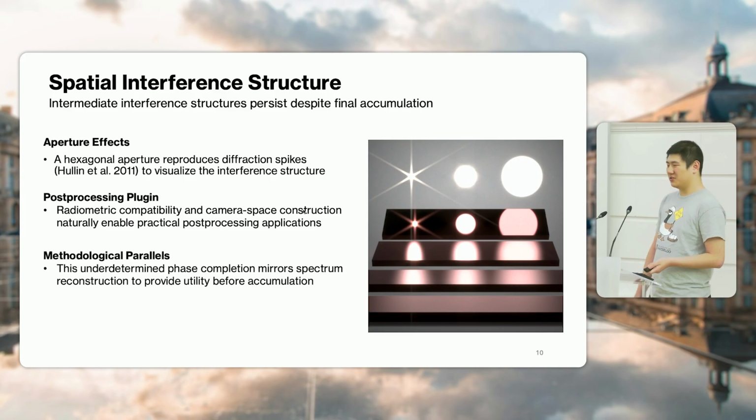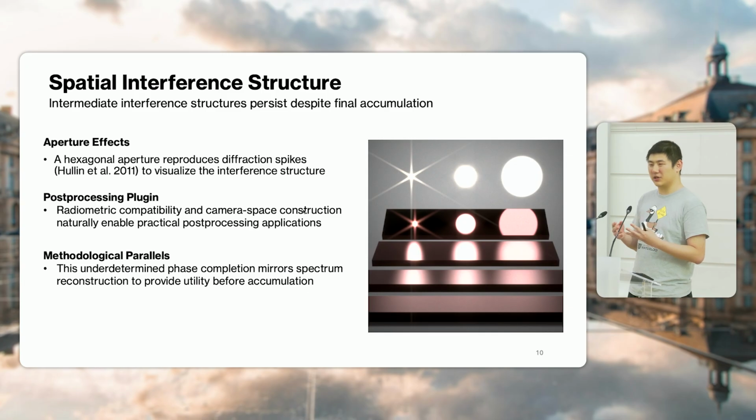And there is also a methodological idea I think is very interesting. Our phase completion is underdetermined, and this is very similar to spectral reconstruction. In both cases, we start from the visible quantity and we try to complete some higher-dimensional representation.